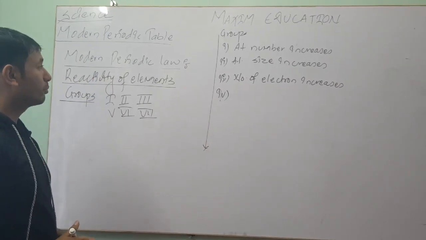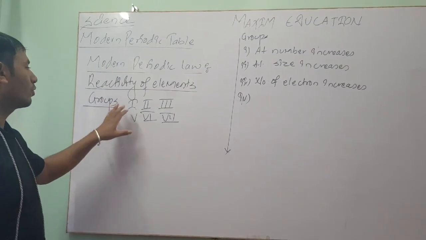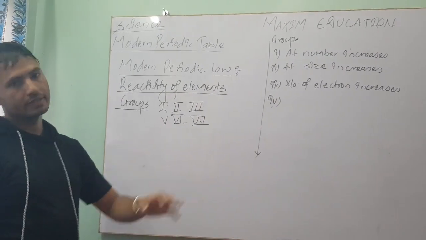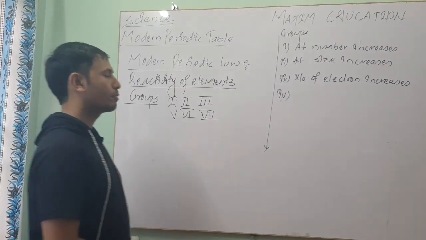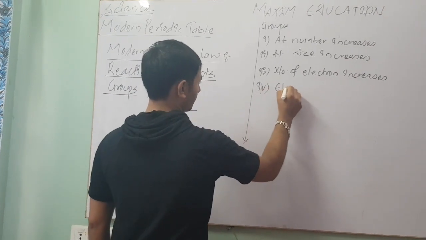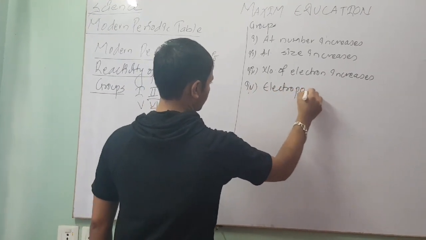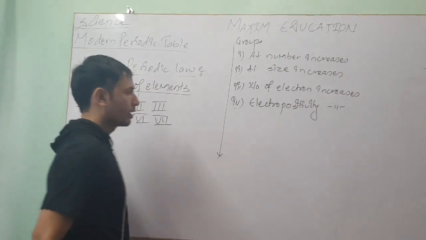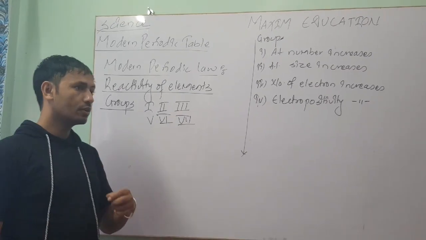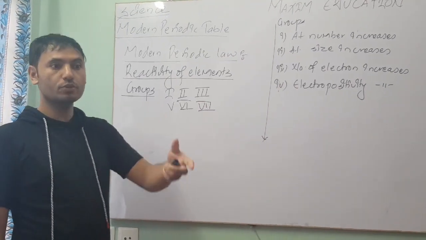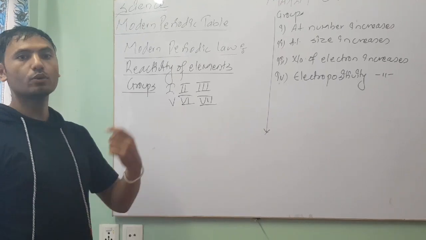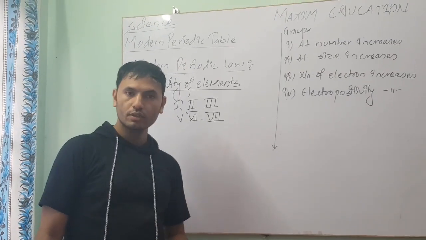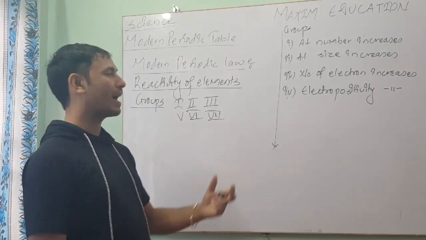And the main thing that you need to remember is that groups 1st, 2nd and 3rd are metals. They are electropositive in nature. Their electropositivity also increases. Electropositivity means losing the electron. When they lose electrons, they become positively charged, and they have a higher tendency of losing the electron.